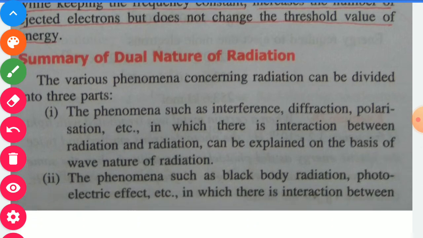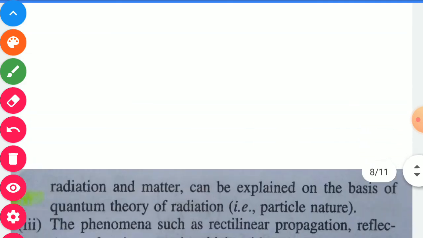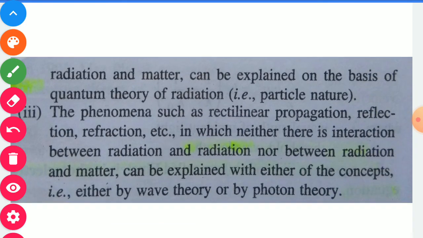Phenomena such as black body radiation, photoelectric effect, etc., in which there is interaction between radiation and matter, can be explained on the basis of the quantum theory of radiation, that is, the particle nature. So to explain black body radiation and the photoelectric effect, the basis taken is the quantum theory of radiation.